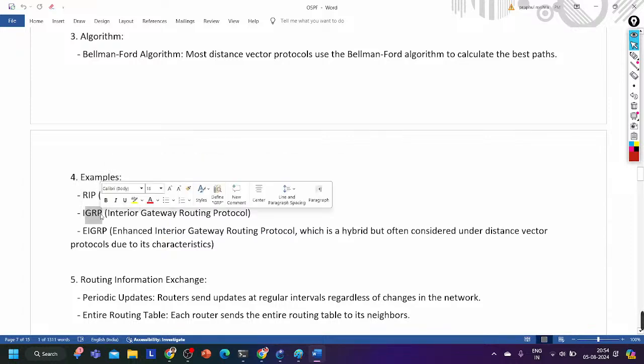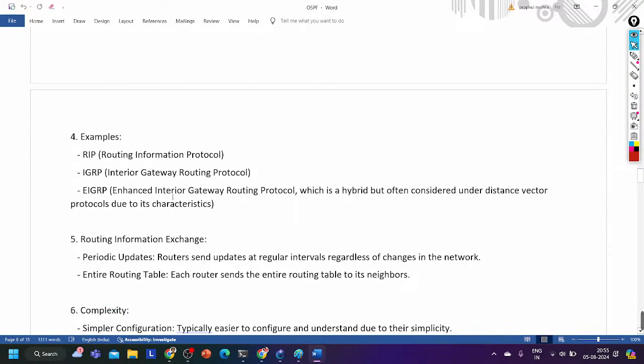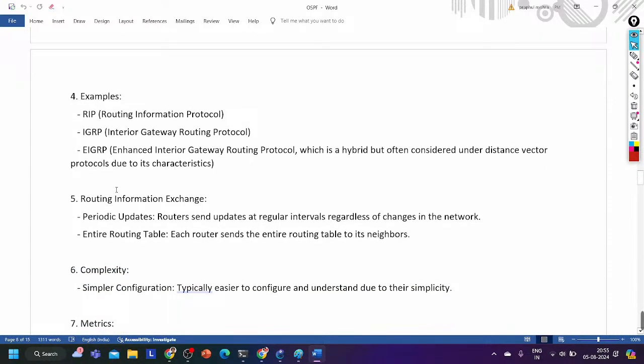Nowadays we don't have IGRP, the Interior Gateway Routing Protocol, because EIGRP has replaced it. So these are examples of distance vector routing protocols.